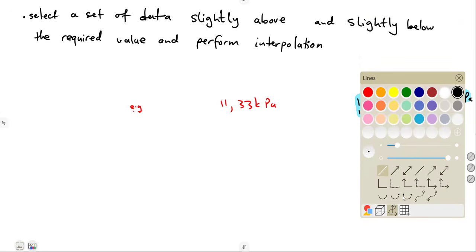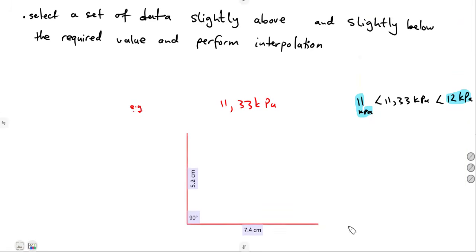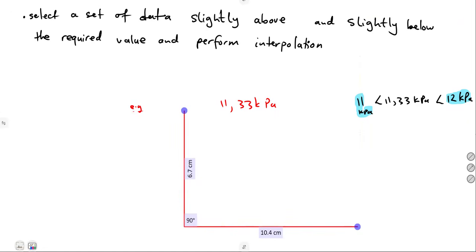Let me just try and see if this part is going to make sense. You just have something like this. You're asking yourself, at this pressure, what are the values corresponding? And at a pressure of 11, what are the values corresponding? Taking the vertical axis as your pressure in kilopascal, let's say this is where we have 11, and 12 is somewhere here.